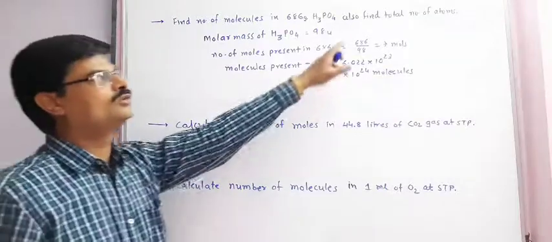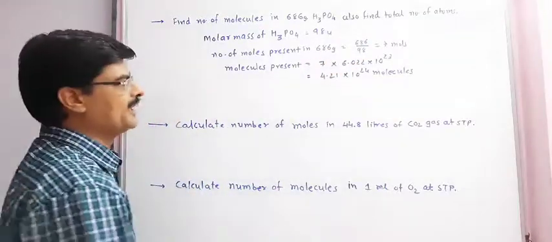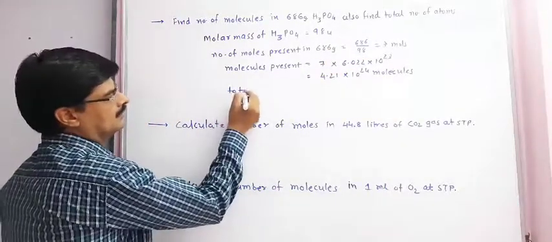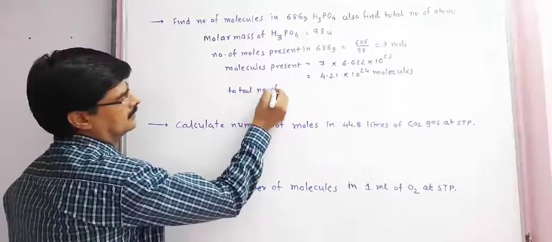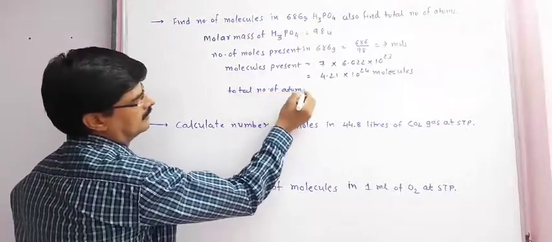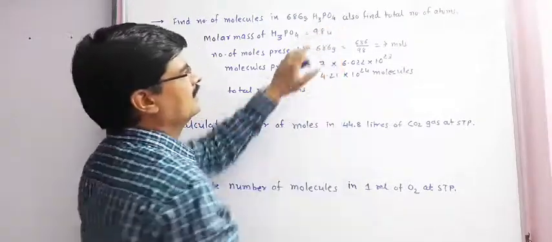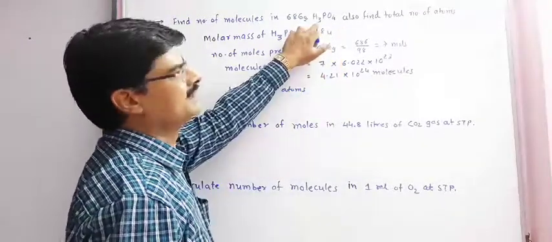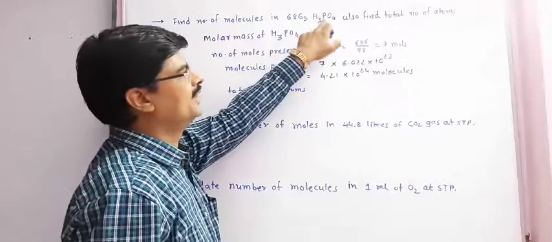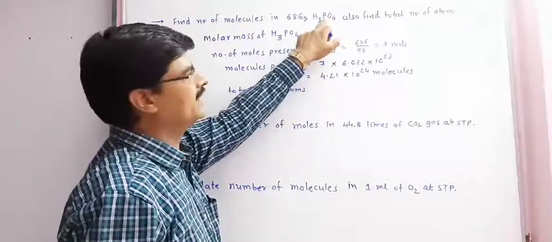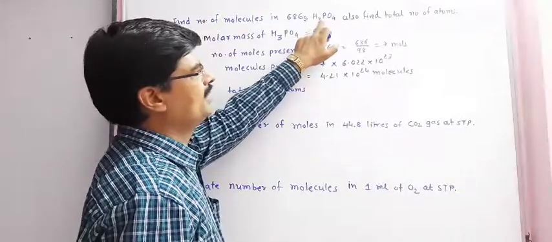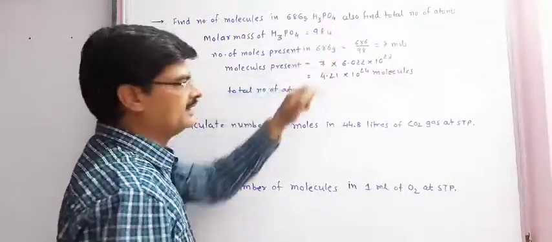Now, we also have to find out the total number of atoms. In phosphoric acid, the number of atoms present are 3 of hydrogen plus 1 of phosphorus, that is 4, plus 4 of oxygen, so it is 8.